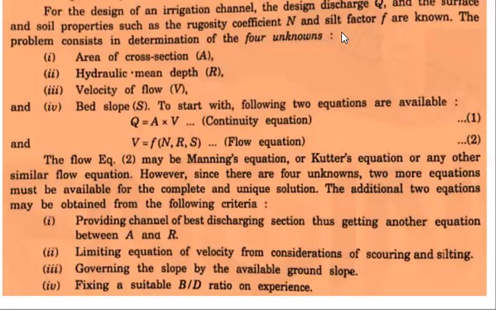And also this silt factor varies according to the particle size of the material, that could be very fine silt, medium silt, coarse silt. So according to that it varies, and the silt factor is purely dependent on them. I think you can also check out the rugosity coefficient and silt factor once again. Go through that part. Okay.